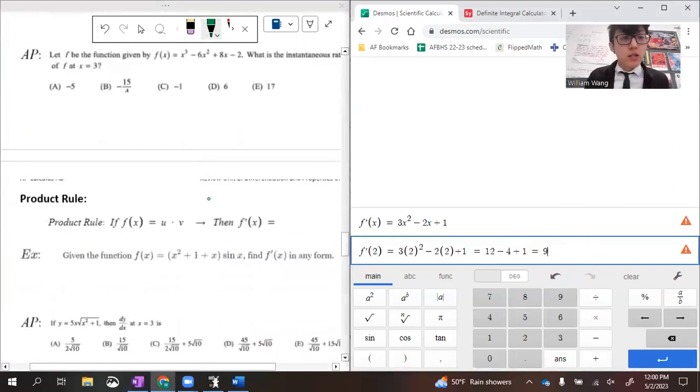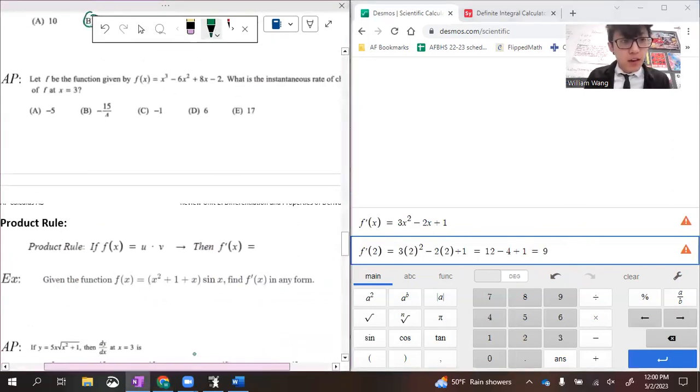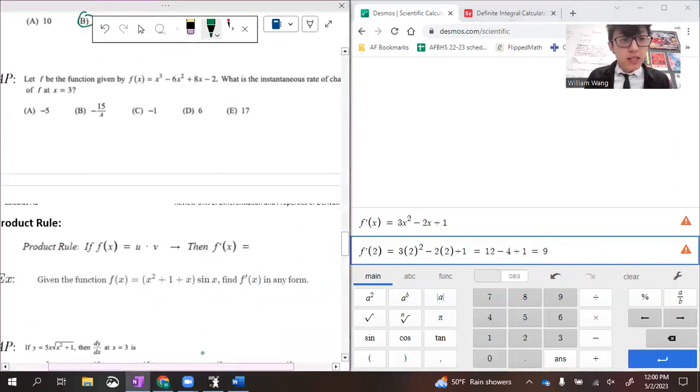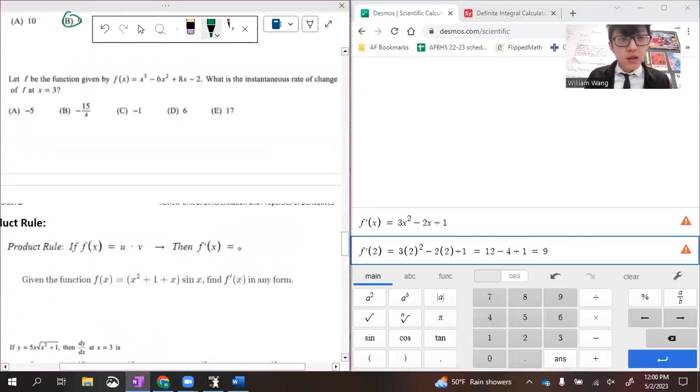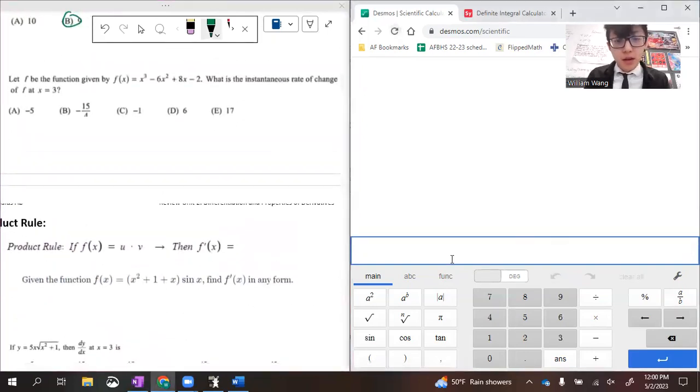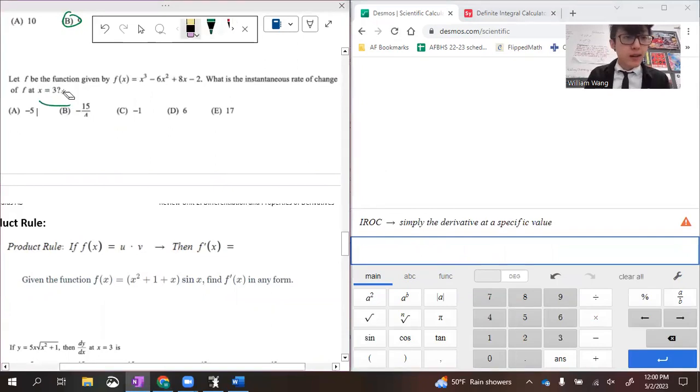All right, next question. Let f be the function given by, what is the instantaneous rate of change at x equals 3? Okay, well, remember, IROC is simply the derivative at a specific value. And what's the value? The value is at x equals 3. So let's solve for the derivative, then plug in 3.